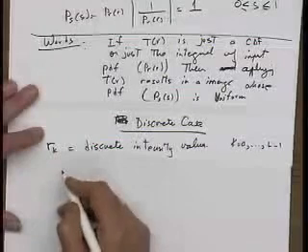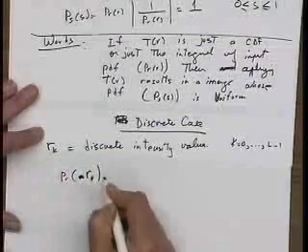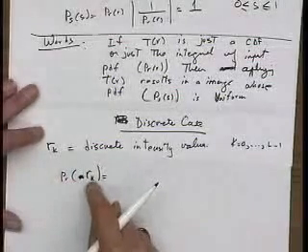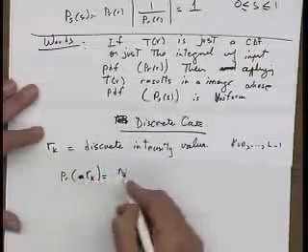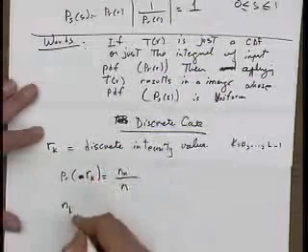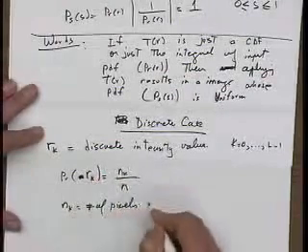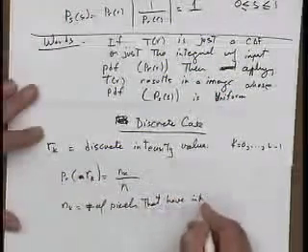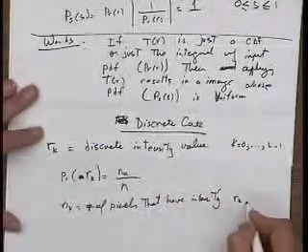And in that case, the probability that we get intensity value r sub k is n sub k over n, where n sub k is the number of pixels in the image that have intensity or level r sub k.